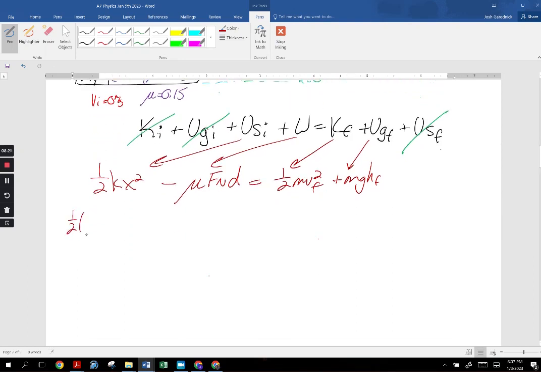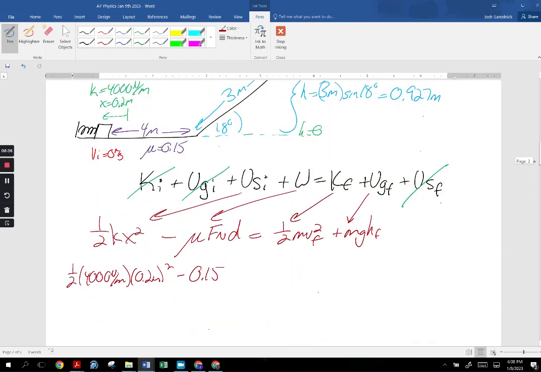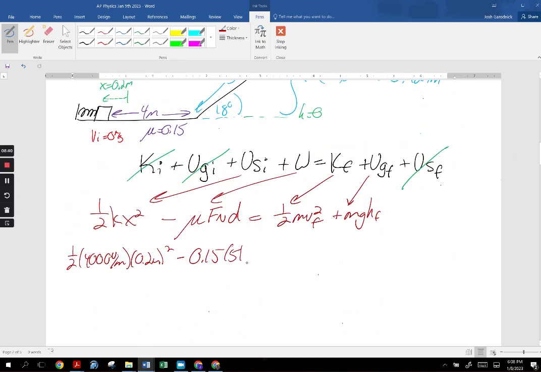We got 1/2. This is the part where you fast forward the video because this is the most boring thing in the world. 0.2 meters quantity squared minus mu. Normal on a horizontal surface when no other forces are applied is just mg. And I think the mass was 5 kilograms. So 5 kilograms times 9.8. Again, speed this part up. This is boring.